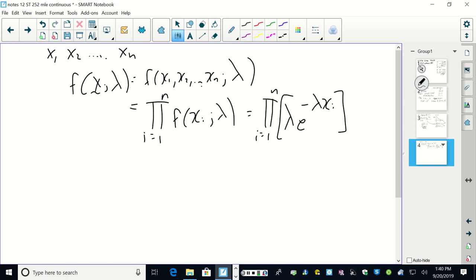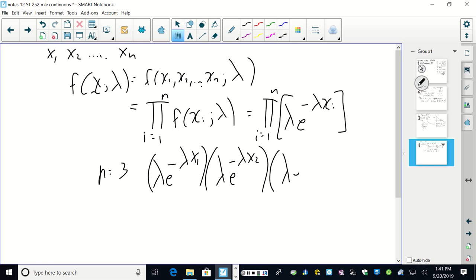And so a question was asked, when do you add, when do you raise to a power? And here's lambda, right? There's lambda in the first one, lambda in the second one. If n equals 3, it would be lambda e to the negative lambda x1 times lambda e to the negative lambda x2 times lambda e to the negative lambda x3.